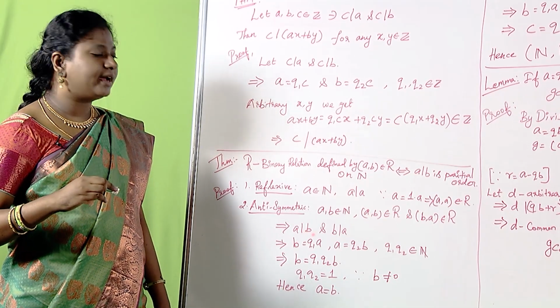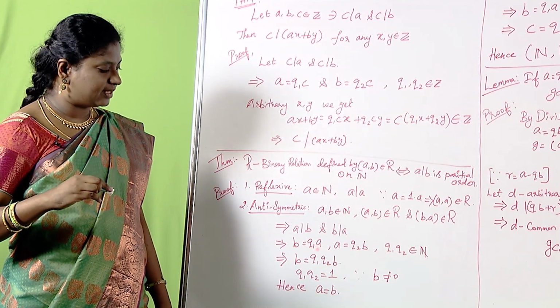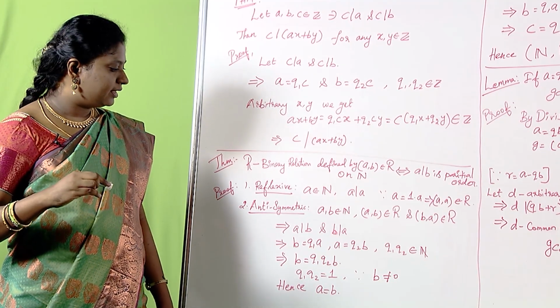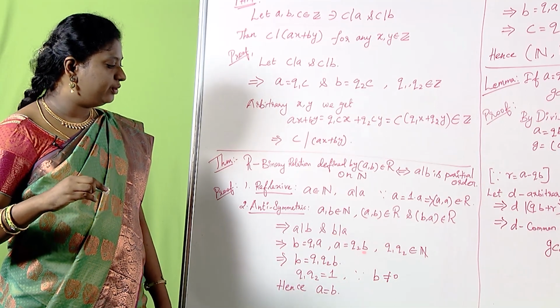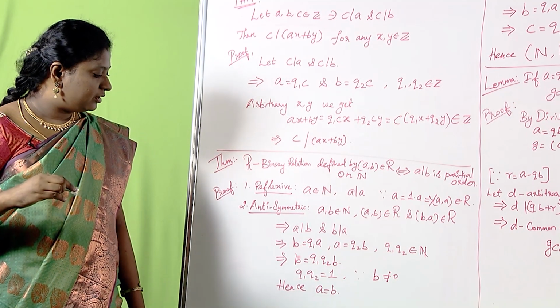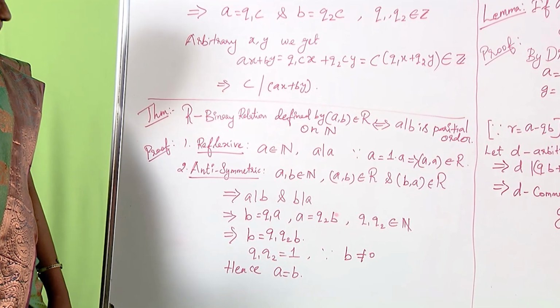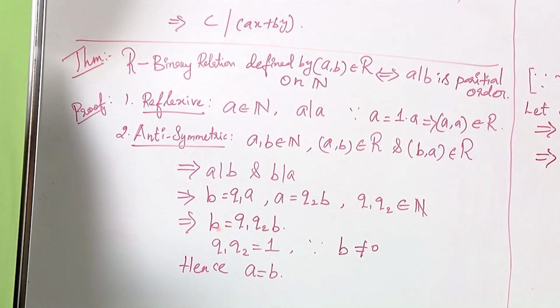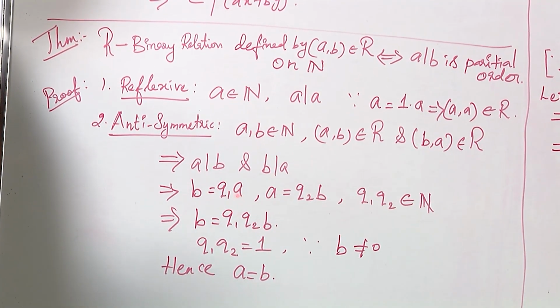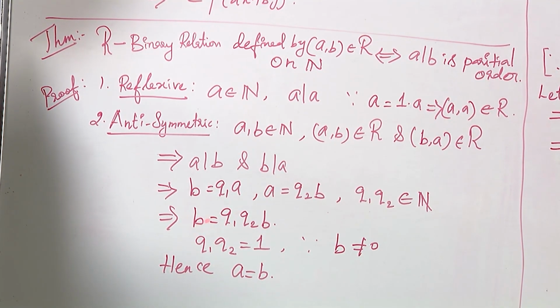So, if A divides B, then B can be written as Q1A for some Q1 belonging to N, and similarly A can be written as Q2B for some Q2 belonging to N. Now, in B equal to Q1A, in the place of A I am going to substitute Q2B, that is B is equal to Q1 Q2 B. Now, as I told you earlier, B is not equal to 0.